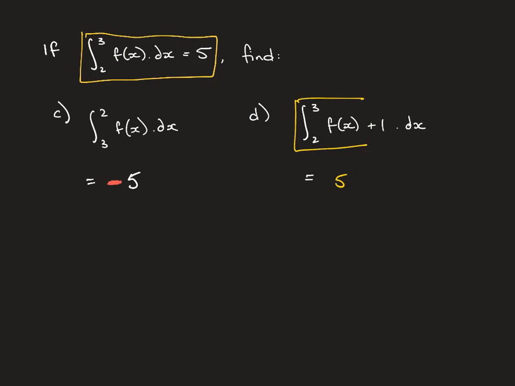We've got plus 1 here in our integral, so we're going to add the integral from 2 to 3 of 1 dx, and work it out from here. So 5 plus the integral of 1 is x from 2 to 3, so it's 5 plus 3 minus 2, which is 5 plus 1, which is 6.